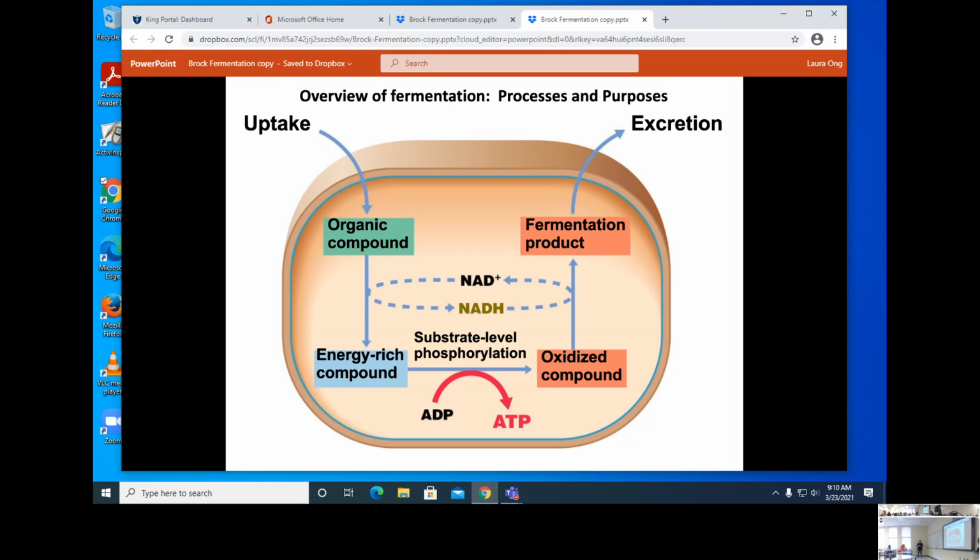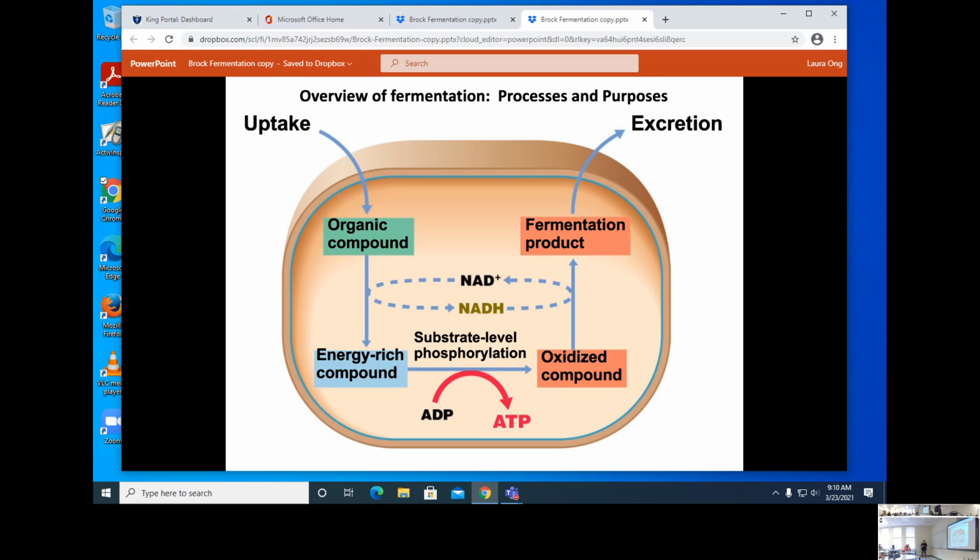What's your favorite microbial fermentation product? What's the major fermentation product in humans?